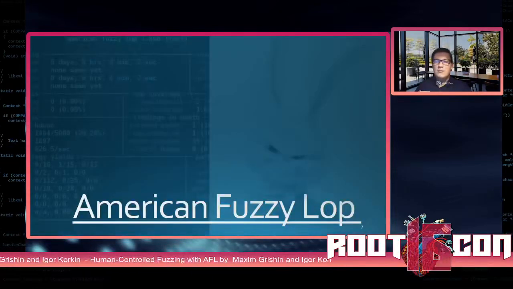Let's say a few words about AFL. This is American Fuzzy Loop, one of the most popular fuzzers. With its help, a large number of vulnerabilities were discovered. According to classification, AFL refers to white box, source-based, and feedback-driven fuzzers.